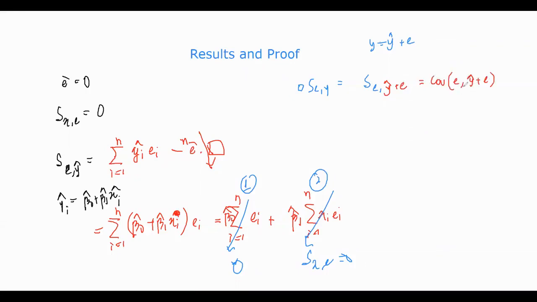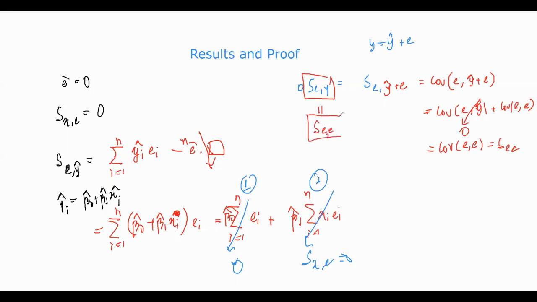The covariance of y hat and e is 0, and the covariance of e and e is S(e, e). So we get that S(e, y) is equal to S(e, e), and we got this second result.